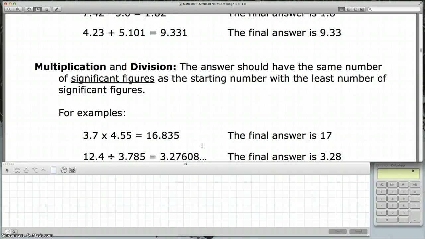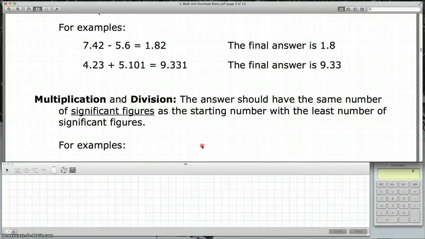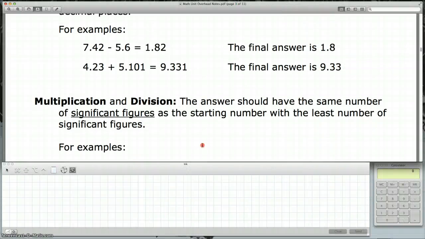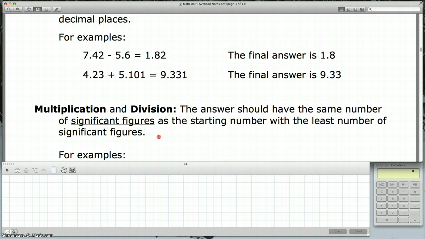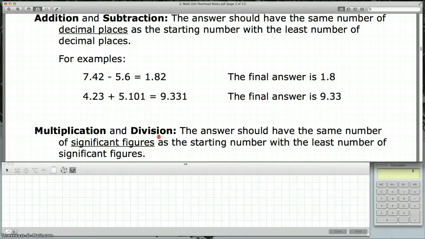Multiplication and division has its own rule. And if you look, it's actually very similar to the addition subtraction rule, except instead of looking at decimal places, we're looking at sig figs.